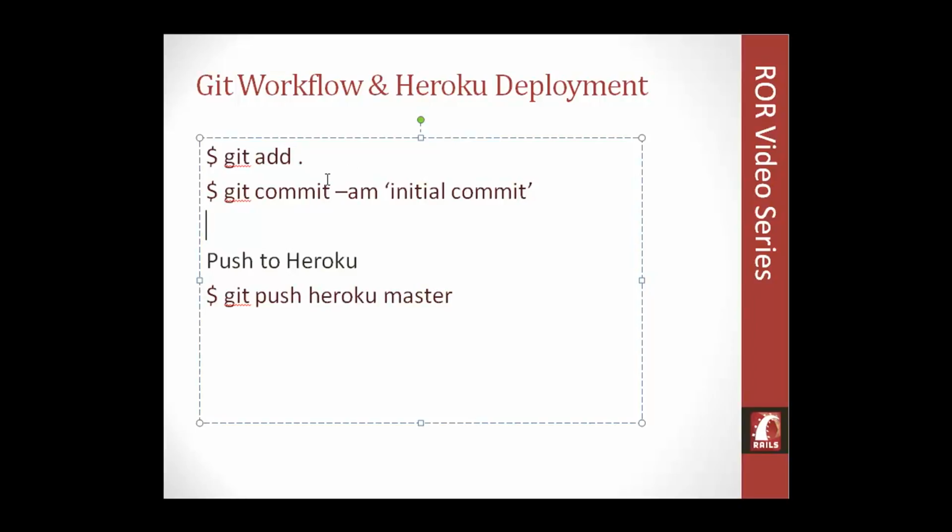So in order for that to happen, you need to add this A tag or option, and then you just have your comment. And then after you commit, everything's committed, you're done, and you're ready to put it on the server. You just do git push heroku master, which would push everything that you committed to the Heroku server.